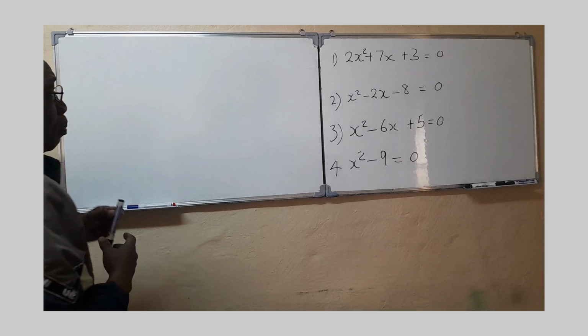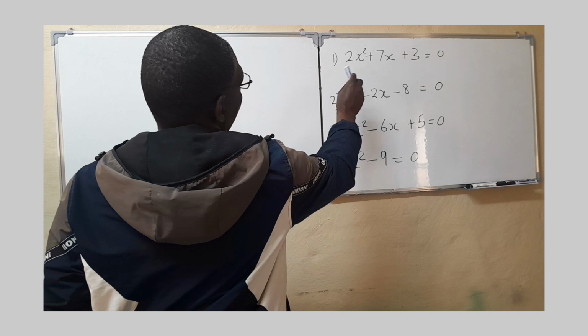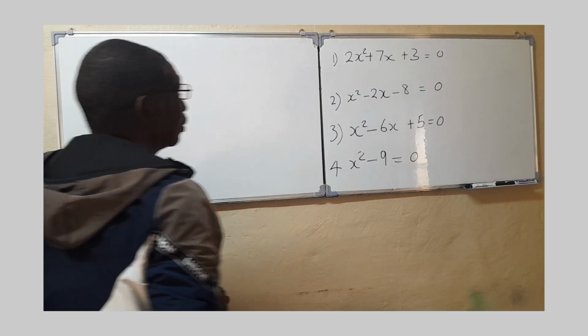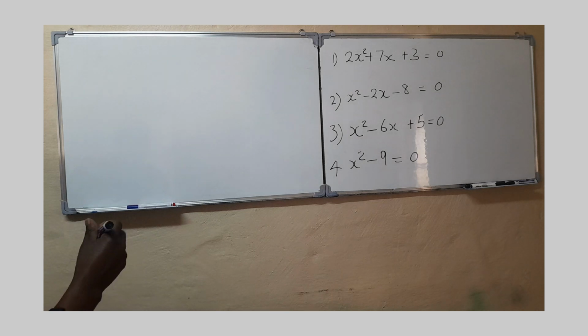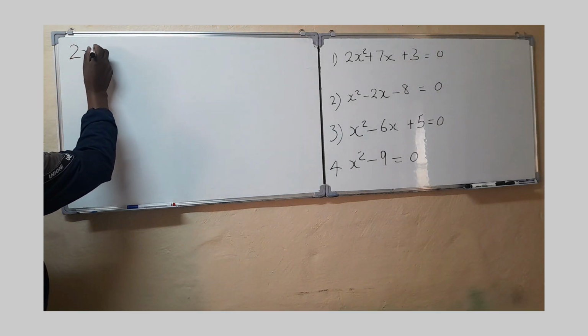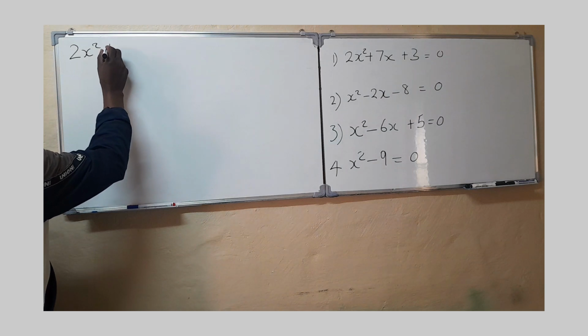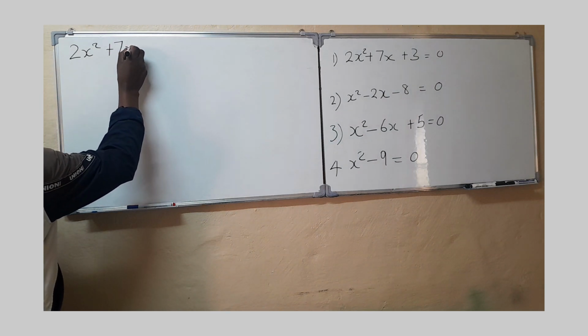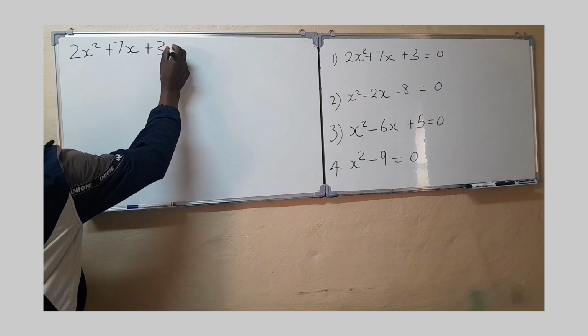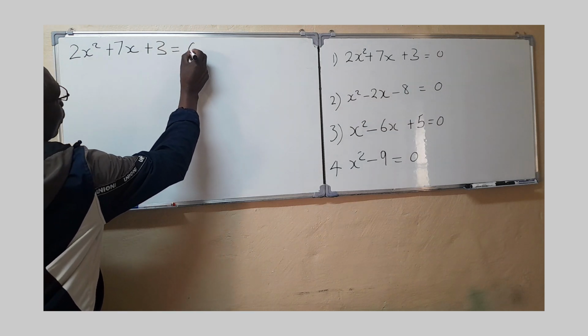Problem number 1 here is 2x squared plus 7x plus 3 is equal to 0. So let me write it here. It's 2x squared plus 7x plus 3 is equal to 0.